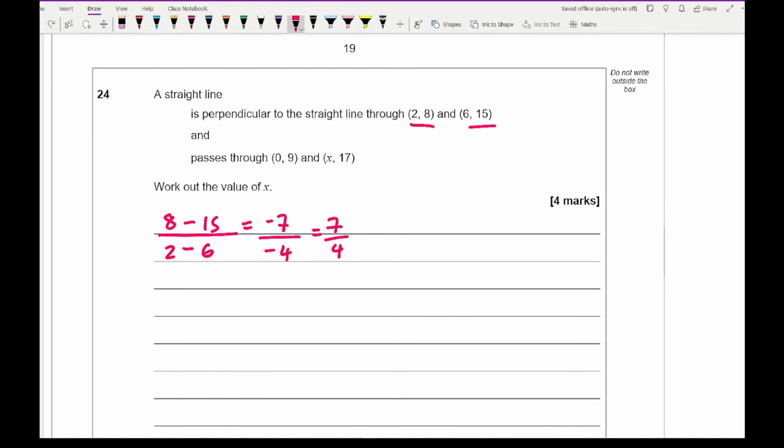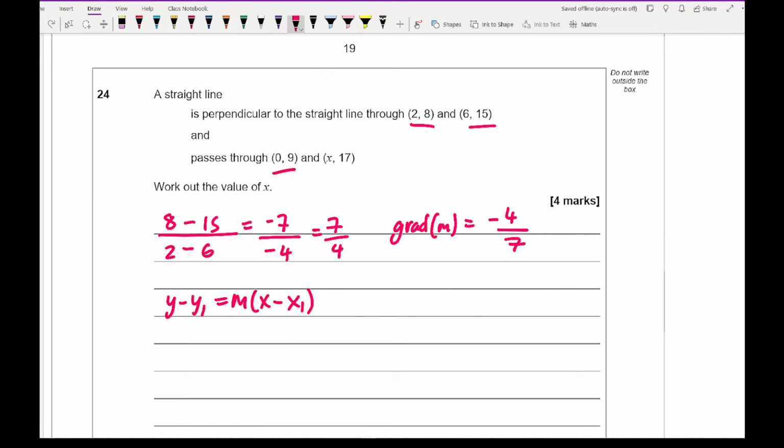Then if it's perpendicular, that means that the gradient, or m, is going to equal minus 4 over 7 because it's a negative reciprocal. Now, the next thing I've then got to do is work out what the equation of the line is. So I've got my coordinate, and I'm going to use y minus y1 equals m times x minus x1.